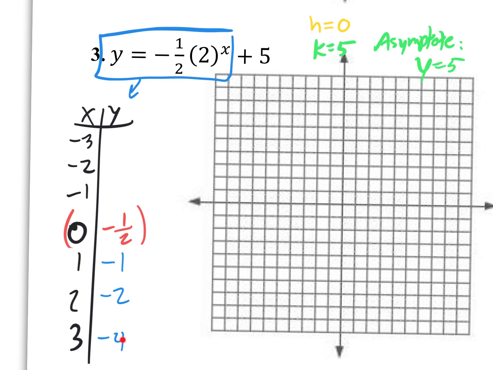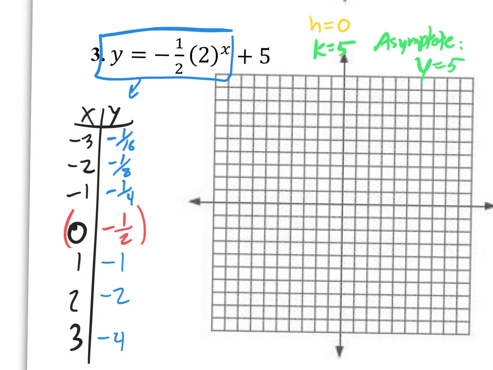So -4 times half is -2. Half of -2 is -1. -1 times half is -1/2. What is -1/2 times 1/2? -1/4. And then -1/4 times half, -1/8. And then -1/8 times half, -1/16. And we know that's getting smaller and smaller in the negative direction on the x's.